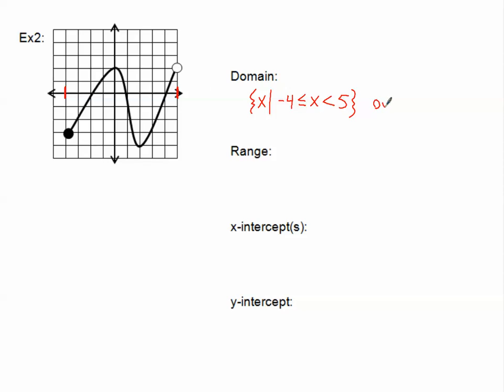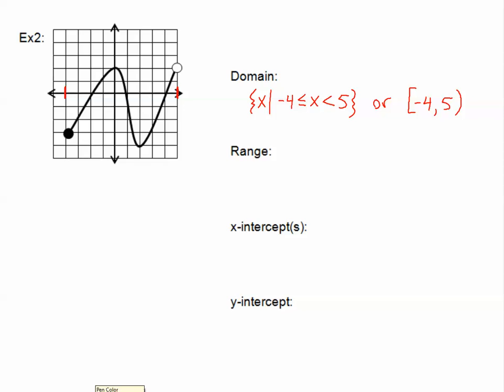That's set notation, or I just simply put these two numbers in interval notation, separated by a comma. I'm going to use a bracket with the -4 because we include it because it's a closed dot, and I'm going to put a parenthesis on the 5 because we don't include it because it's an open dot or open circle. So there's our domain.